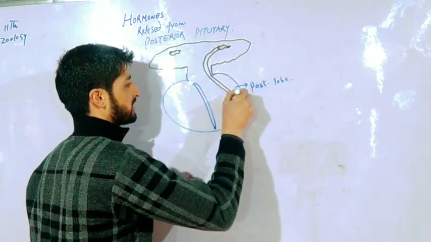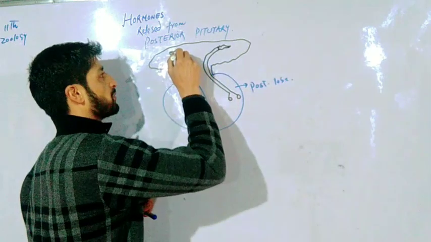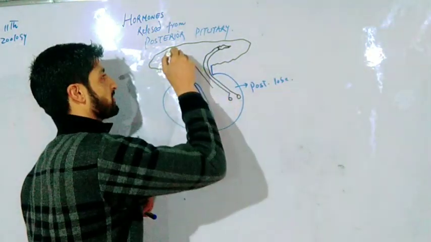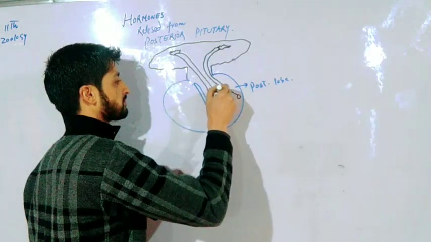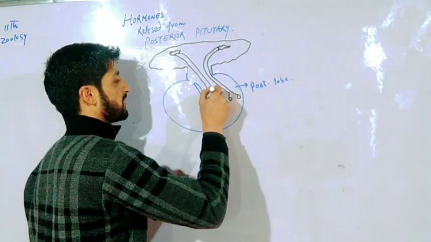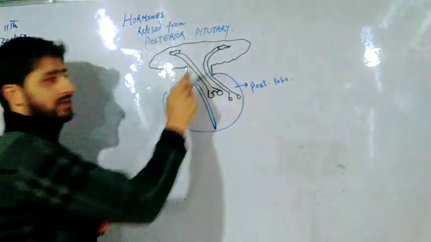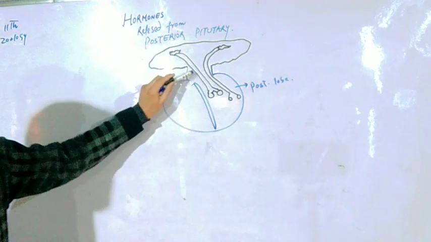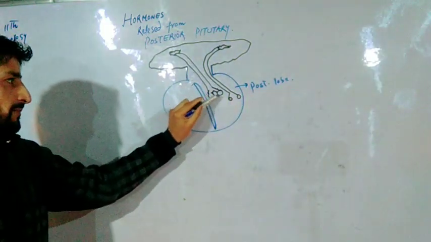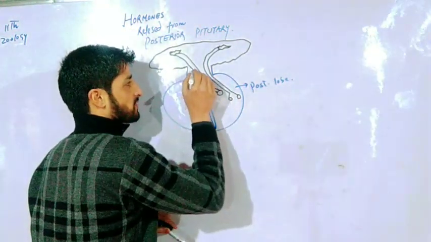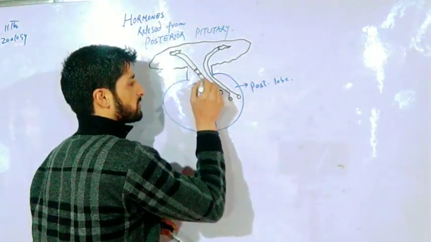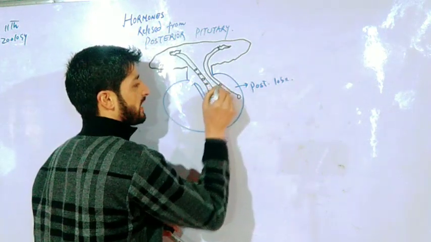And these neurons innervate the posterior lobe of the pituitary gland. In the axons and axon terminals of these neurons there are special sac-like structures, which are called Herring's bodies.